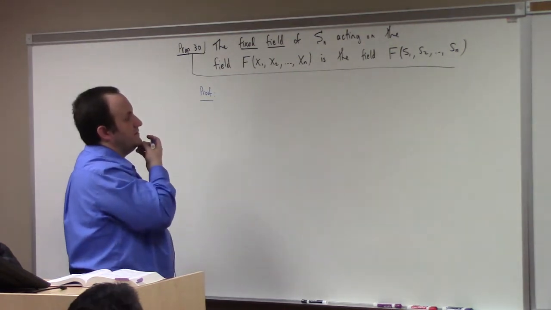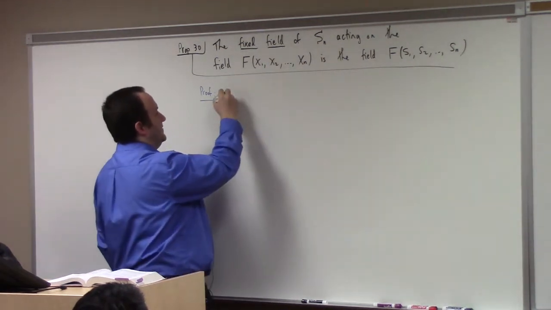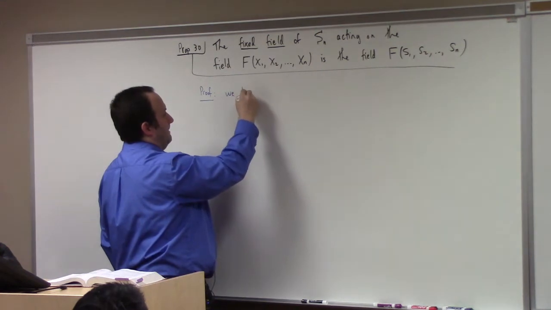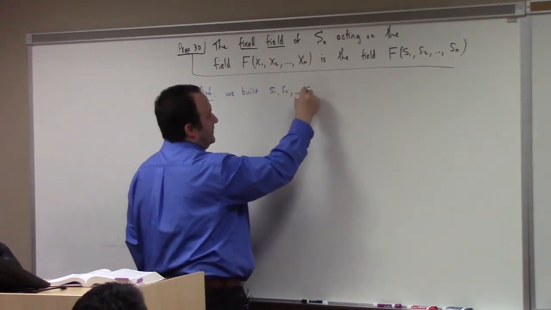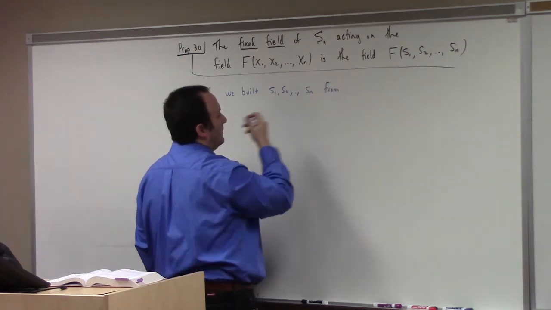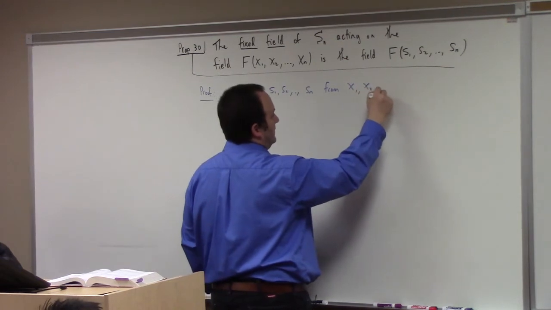Now, this should remind us, how did we do this? We built s1, s2, through sn from what? From x1 through xn, is that right?